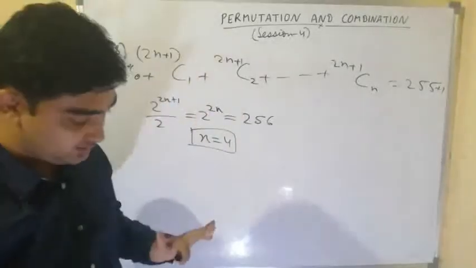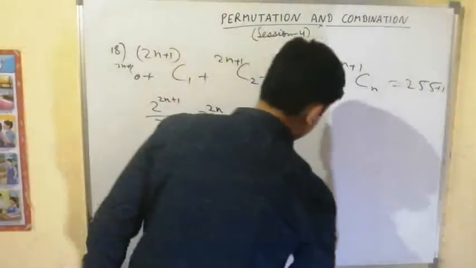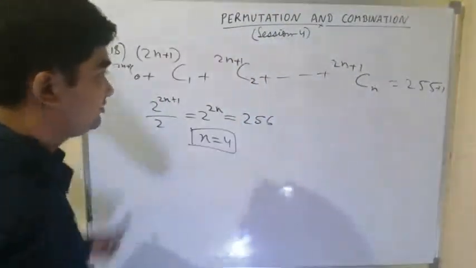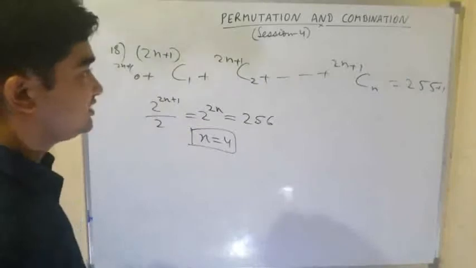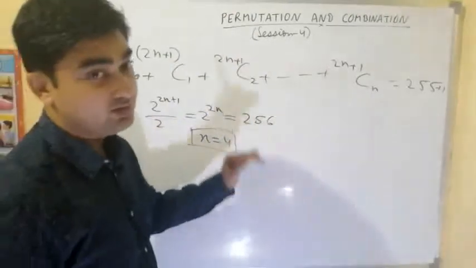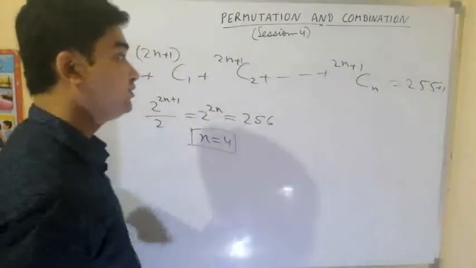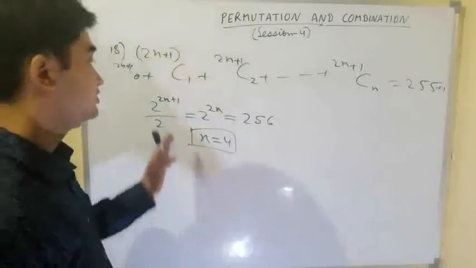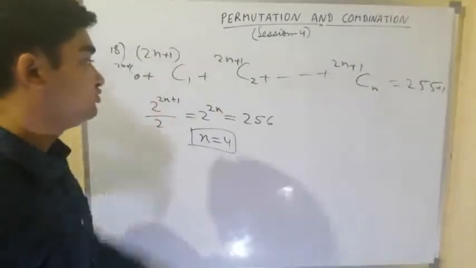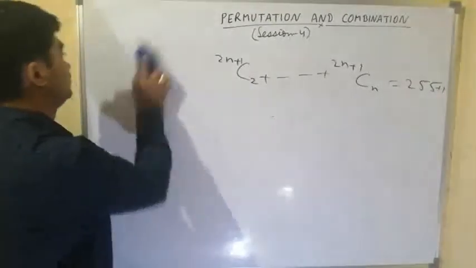This problem we have seen in the chapter binomial theorem also, so it is a very easy problem. Property of coefficients nCr: the sum of all coefficients is 2 power n. Here n is 2n plus 1, so 2 power 2n plus 1, but we are taking half the terms, so divided by 2, which is 2 power 2n, given as 256. So n is equal to 4.